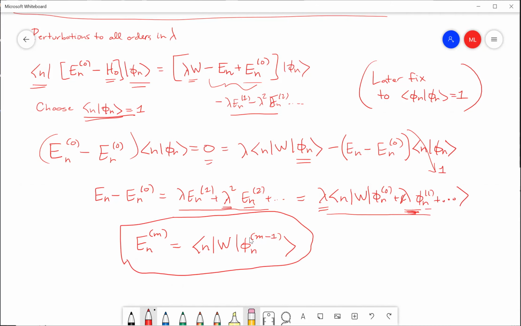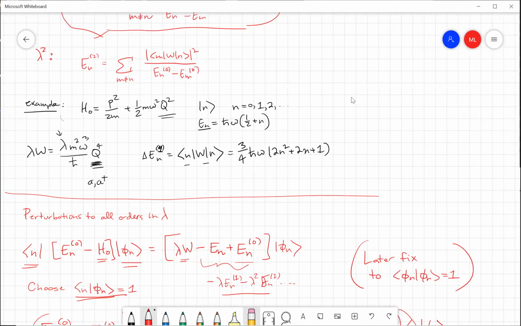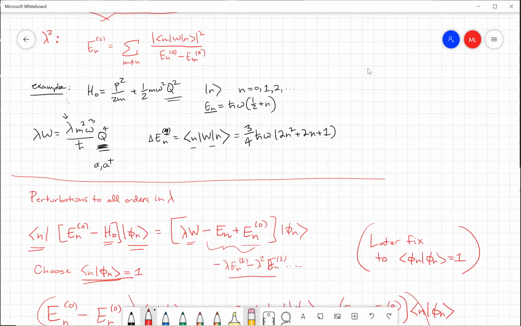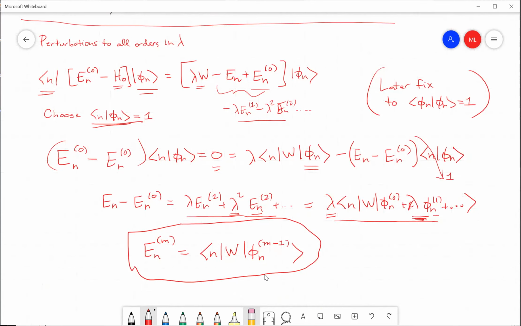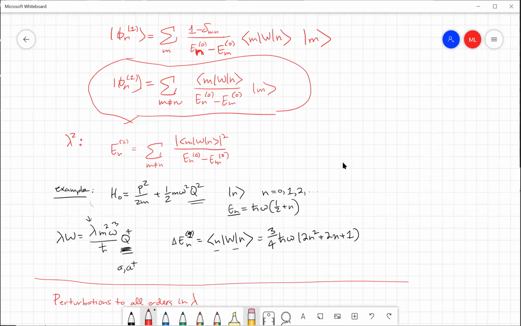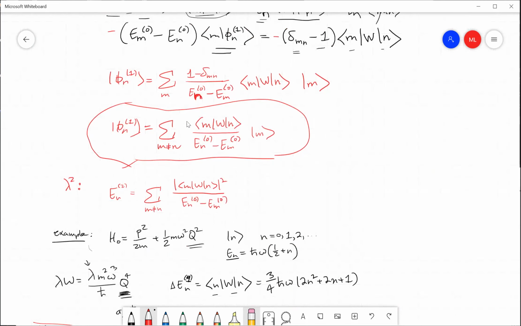And in fact, now I don't even have to do that whole business of going out to second order in lambda to get this, right? I don't need to do this anymore, because I showed you quite generally that the second order correction is related to the first state correction. So I can just take this ⟨n|W and stick in the first state correction, which I did calculate explicitly. It's right here. Stick that in, and what you'll find is exactly this.